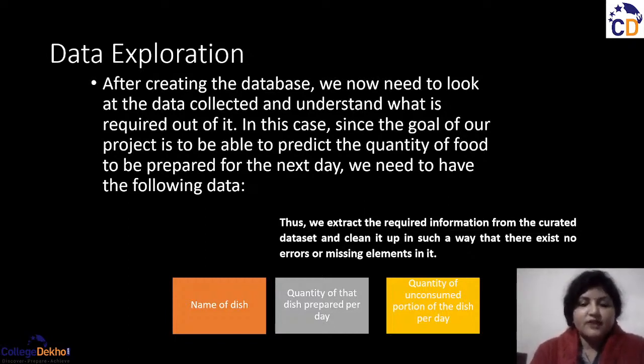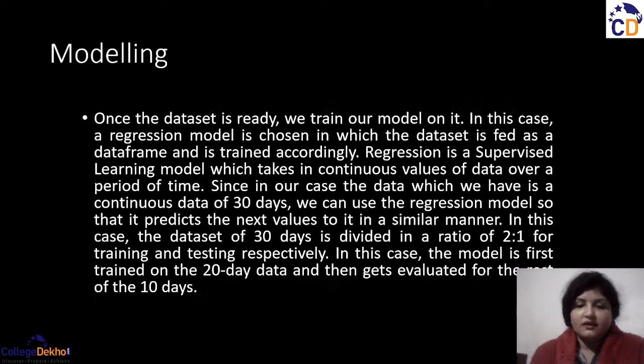Now you have analyzed these are the 3 factors which are directly affecting your problem. Once the data is ready, we train our model. So in our modeling phase, we are basically training our model with the help of data.